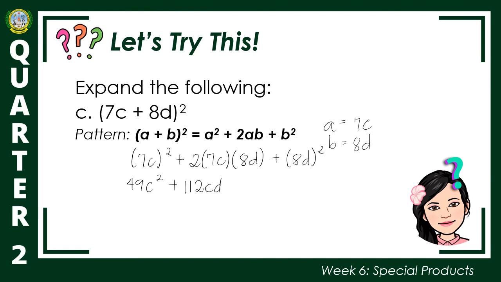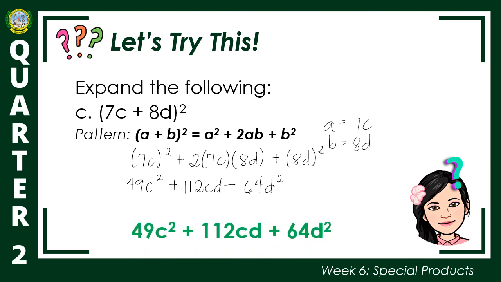And then lastly, apply ulit ang power of a product. 8D squared is 8 squared D squared. And 8 times 8 is 64. And then, syempre, D times D is D squared. Okay, so ito na po yung final answer natin. Tingnan natin kung tama. Okay, so the final answer is 49C squared plus 112CD plus 64D squared.